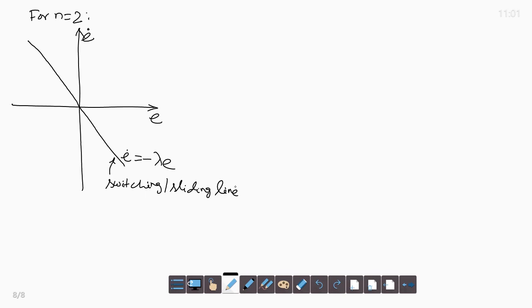Suppose initially there is an error and its rate of change is e dot, so that the initial point is given by this dot here. Once the control law is selected, what is the control law?